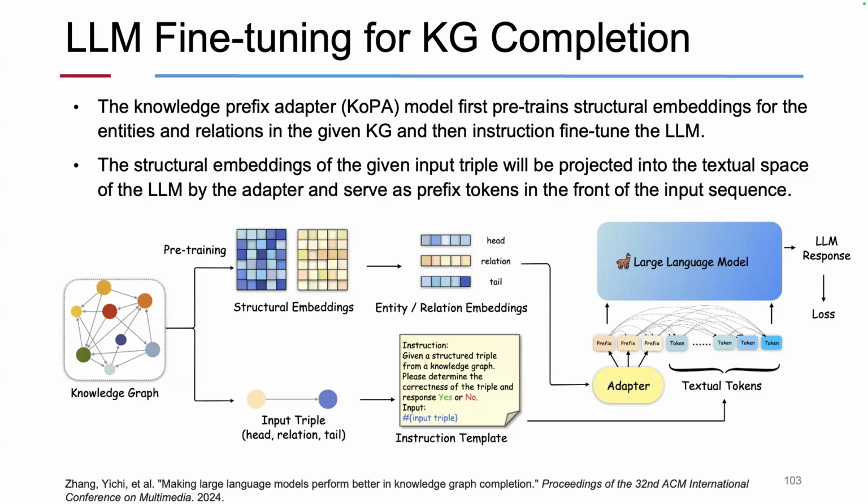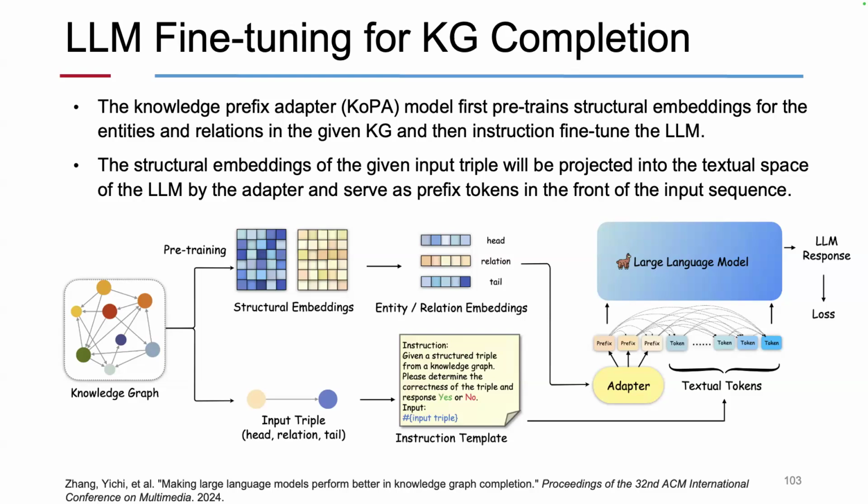And what I know for sure, what they did, is they append this entity embedding and the relation embedding into the beginning of this piece of instruction, right? Basically, you did some kind of soft prompting.